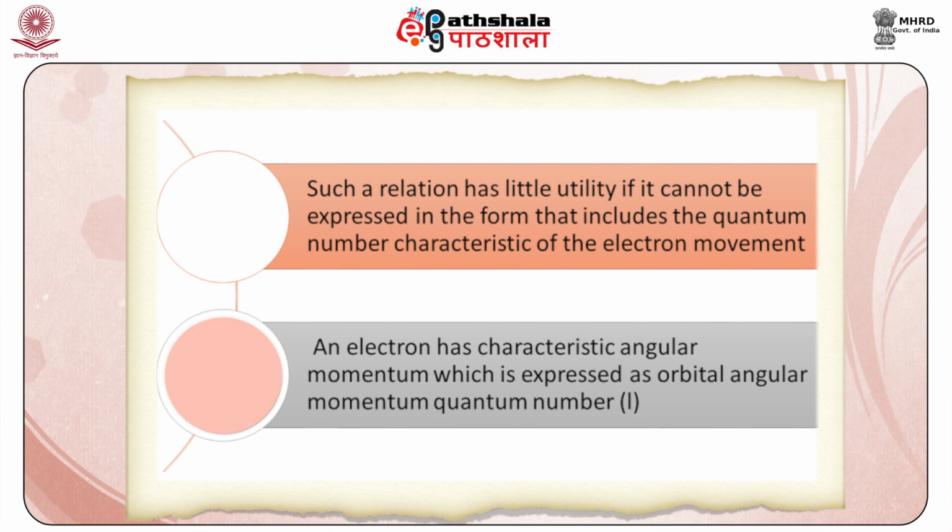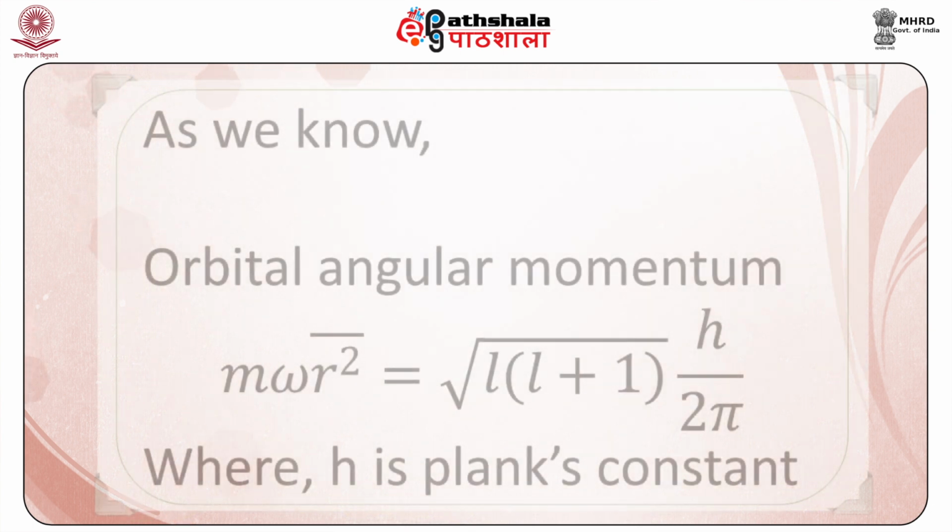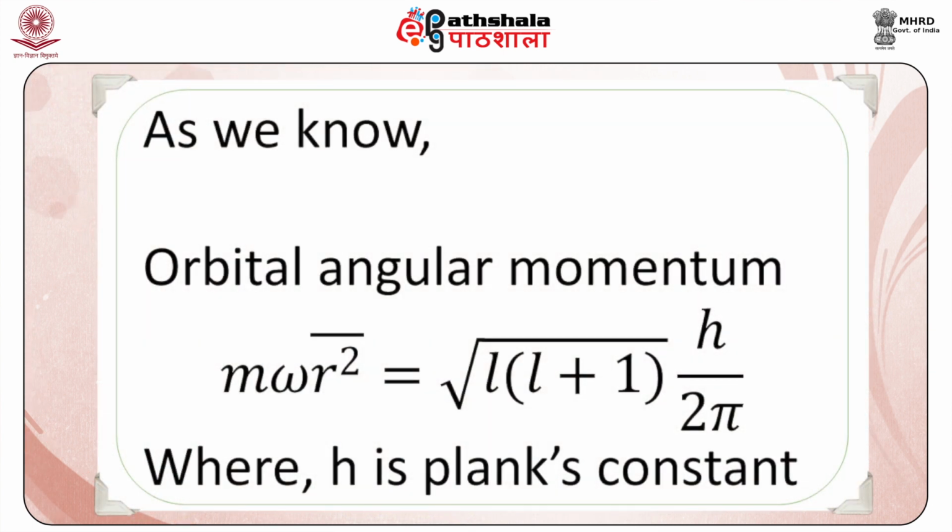An electron has characteristic angular momentum, which is expressed in terms of the orbital angular momentum quantum number L. As we know, the orbital angular momentum m omega r squared is equal to square root of L into L plus 1, into h upon 2 pi, where h is the Planck constant.